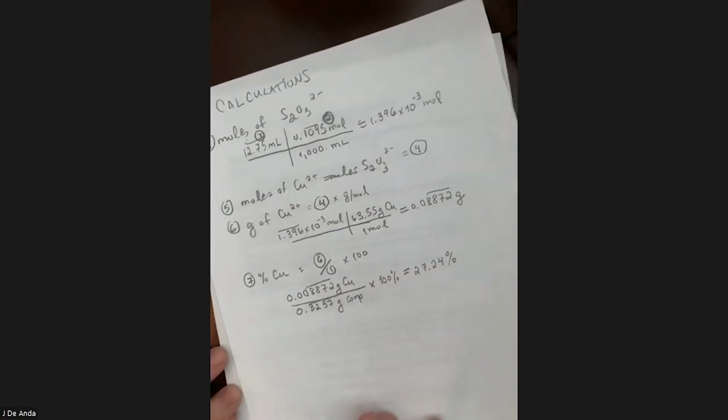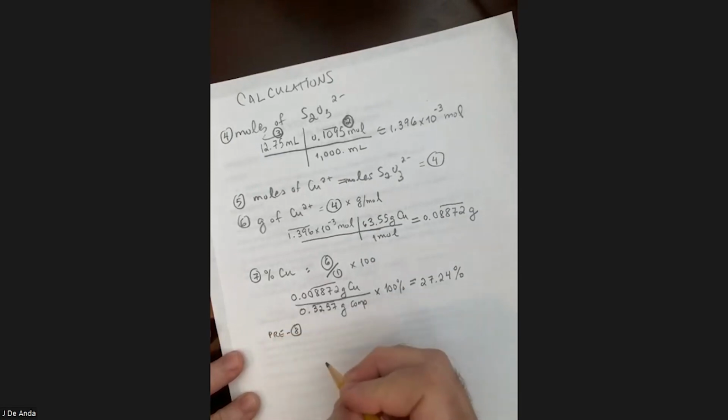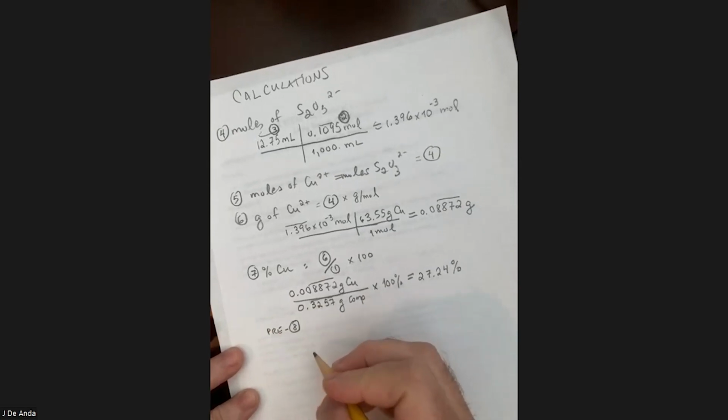Okay, so I'm going to come back here to our data sheet, and before we do item number 8, let's do some homework. Remember that we're going to copy this mode here. We're going to have 1 mole of copper in every mole of our compound.